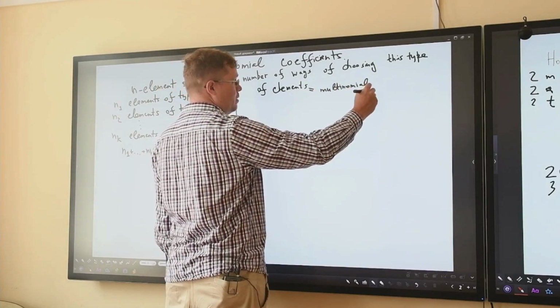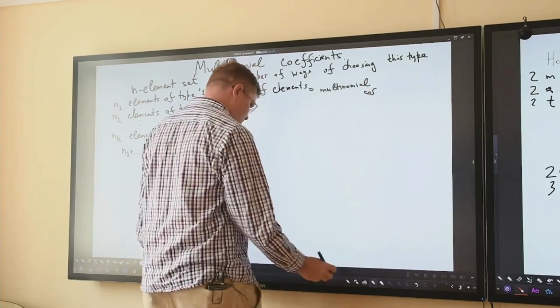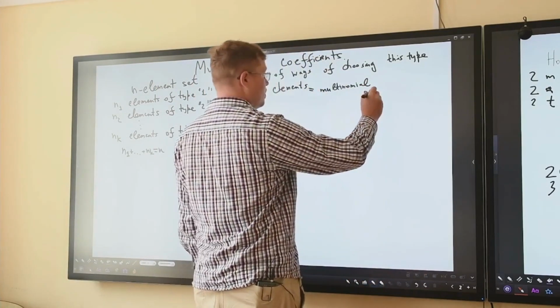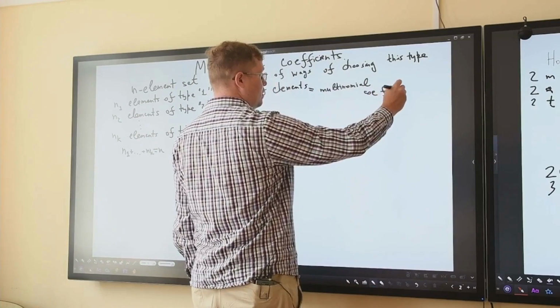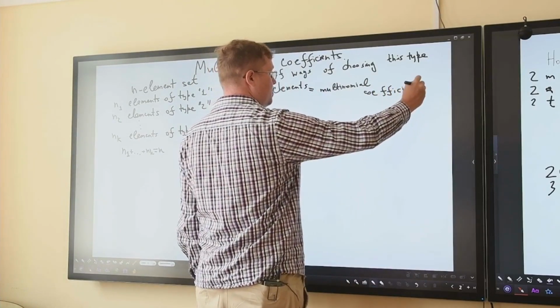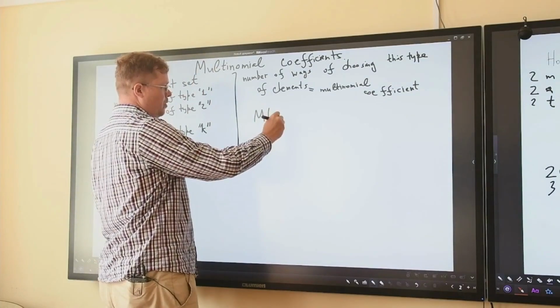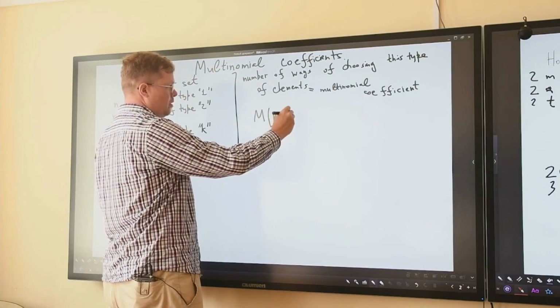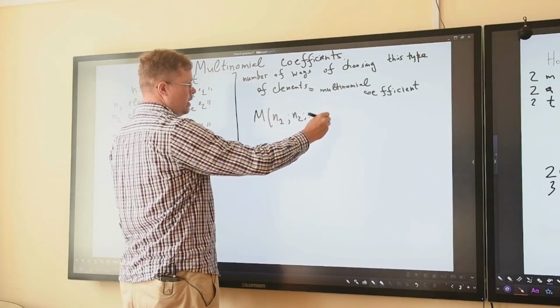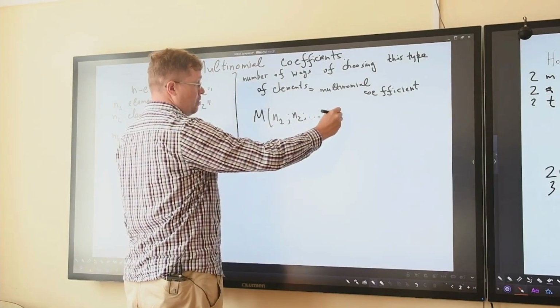Multinomial coefficient. We can denote it by M of n1, n2, etc., nk.